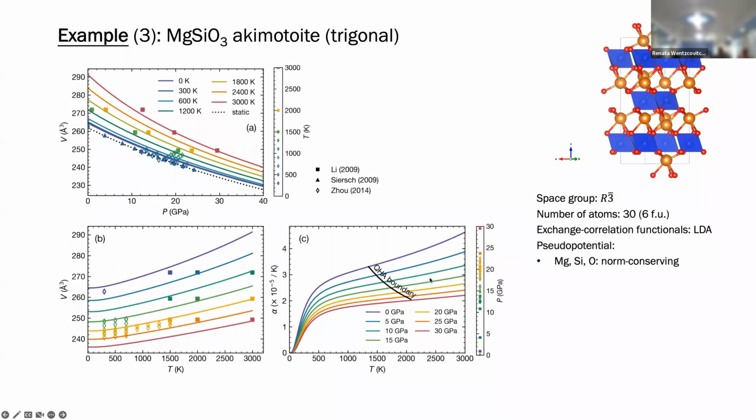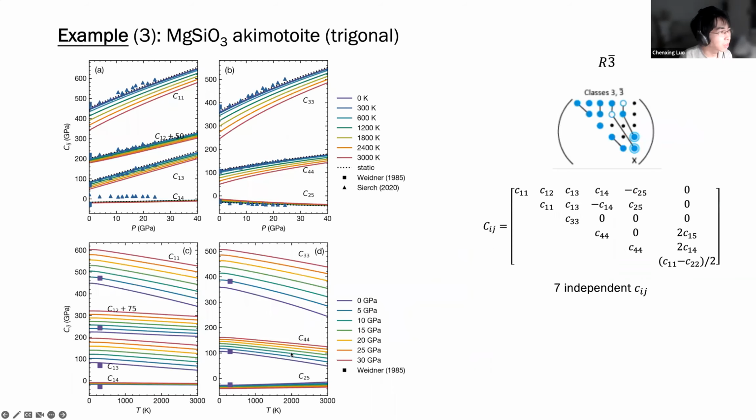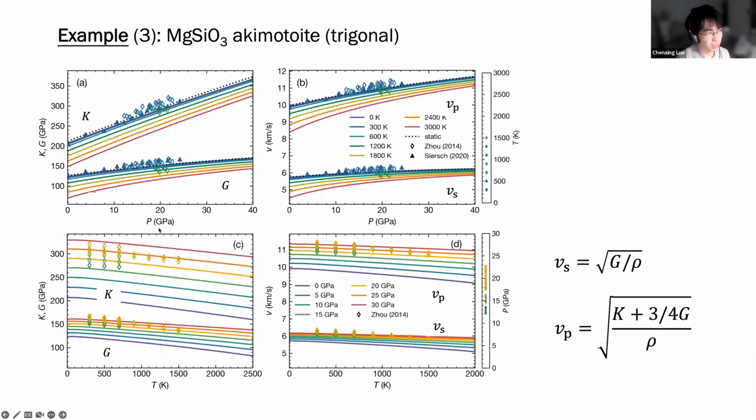Akimotoite, and this is the QH boundary and thermal expansion coefficient. And this next slide shows the individual elastic coefficient terms. And finally, the bulk and shear moduli and velocities.